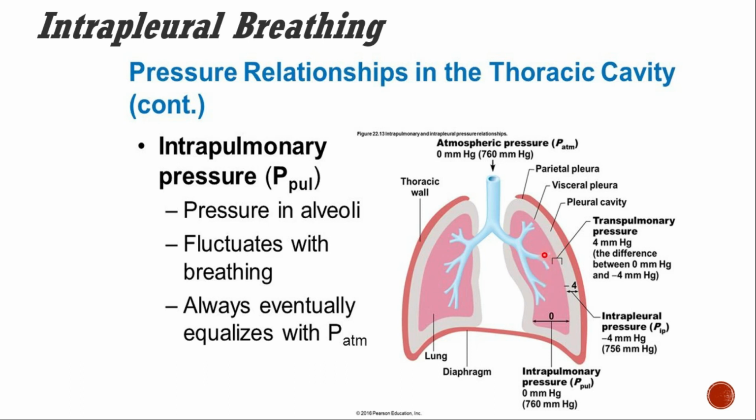The difference between both of these is known as transpulmonary pressure. That is the difference between 0 millimeter and -4 millimeter mercury. Intrapleural pressure remains at almost 756 millimeter mercury, that is -4 millimeter mercury.